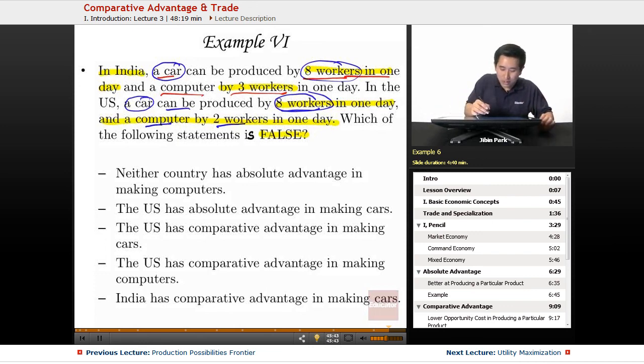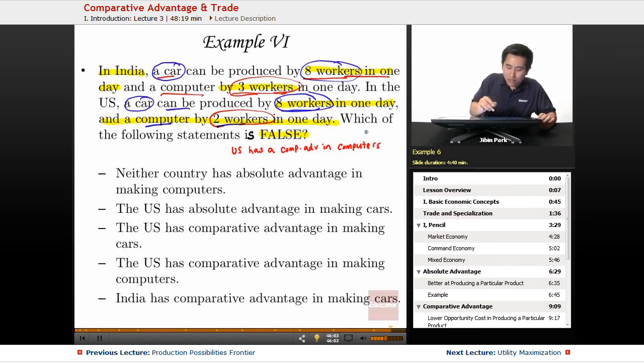So what's interesting is that in India, a computer requires 3 workers, whereas in the United States, it only requires 2 workers. So right there, you stop right there. US has a comparative advantage in making computers. You just stop right there because they're equal at making cars, and the US is relatively better at making computers.